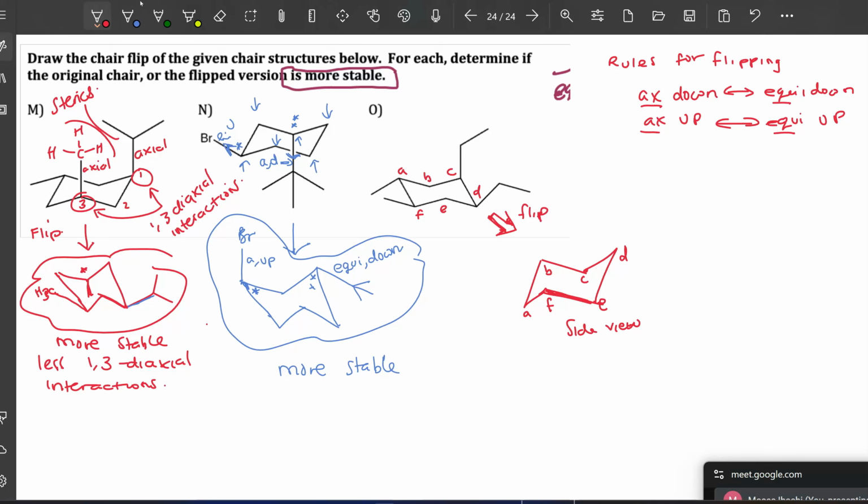Okay, so now I've flipped my chair, as you can see. A, B, C, D, E, F, they are flipped. Whatever was up is now down. You tell me where the CH3 on A should go. A is going to be axial down. Okay, there F is. F is going to be axial up.